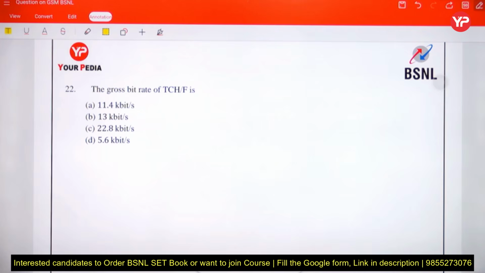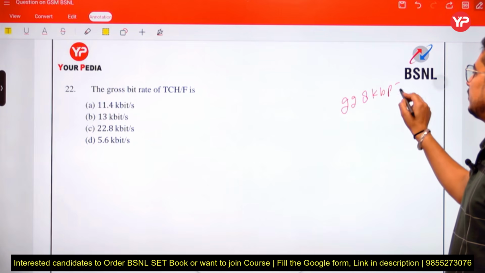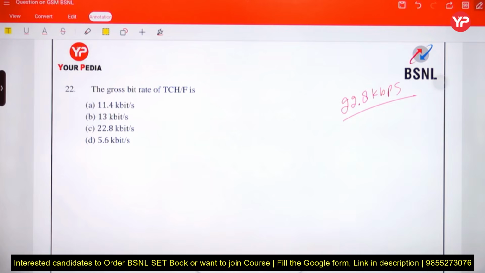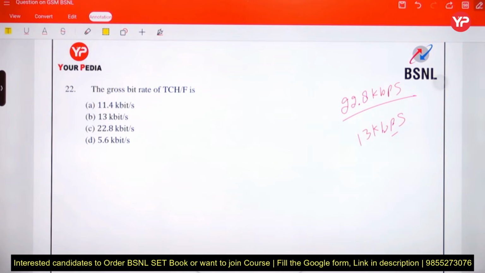Whenever your traffic channel is used at full rate, after channel coding we will get a full channel rate of 22.8 kbps. 13 kbps represents the net speech coding rate.